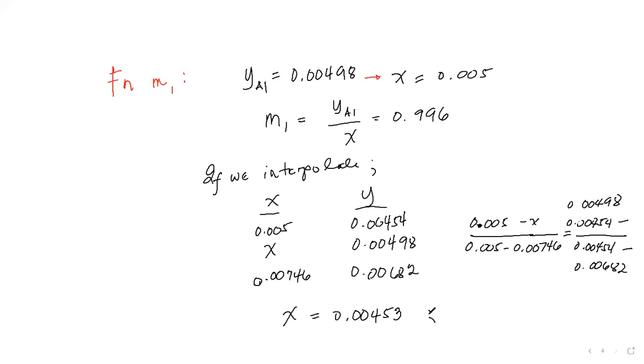So your corresponding M for this would be the YA1 that we have, which is 0.00498 divided by 0.00453, which is 1.1.